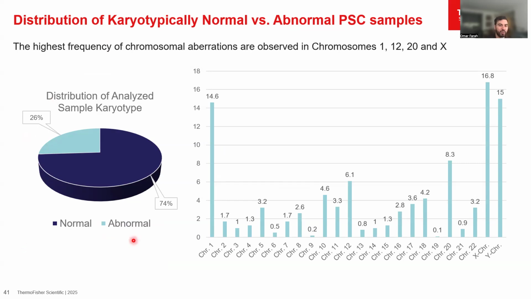And not only that, but those abnormalities also tended to have higher frequencies at certain locations in the chromosome. So aberrations or mutations in chromosome 1, chromosome 12, chromosome 20, and the sex chromosomes were much more prevalent in the samples that we've analyzed compared to the other chromosomes, really indicating that there may be mutational hotspots that we should be aware of.